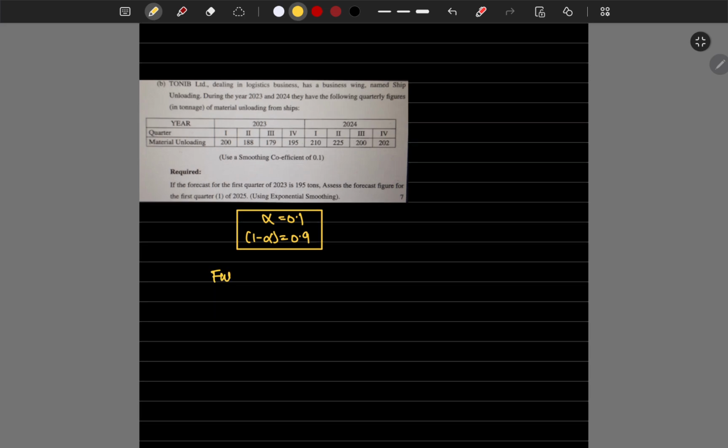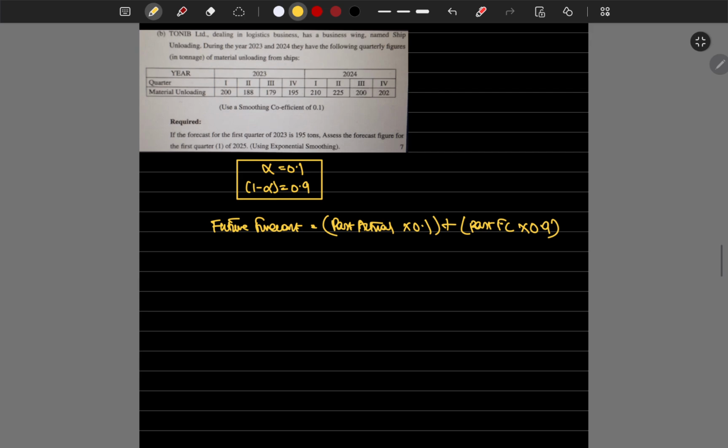How can we calculate the future forecast? Past actual into 0.1 plus past forecast into 0.9.